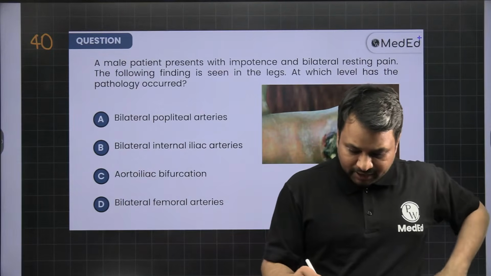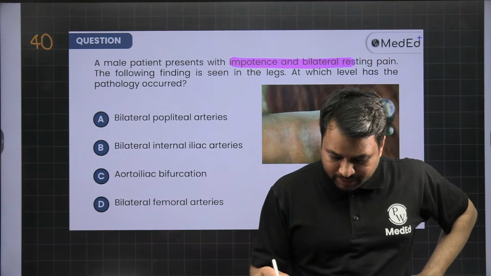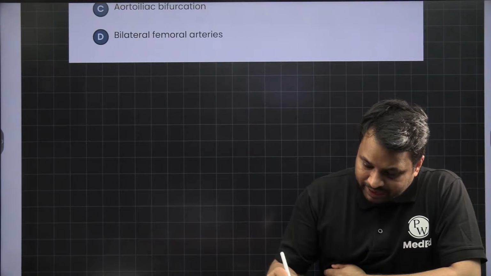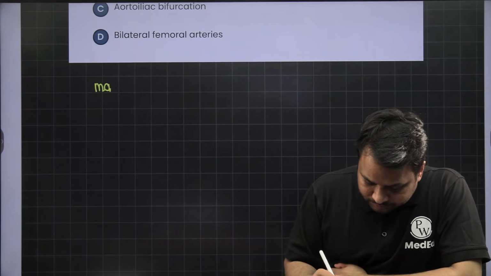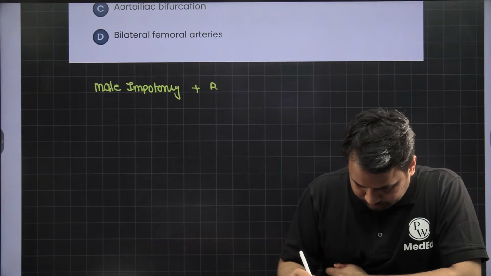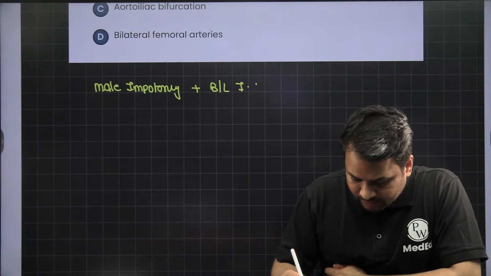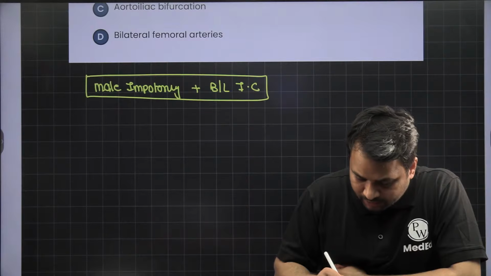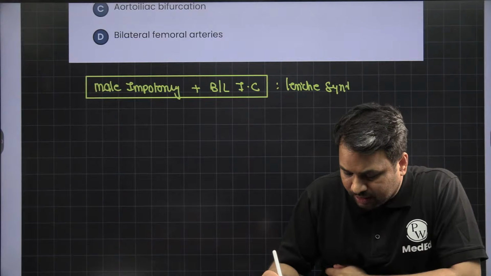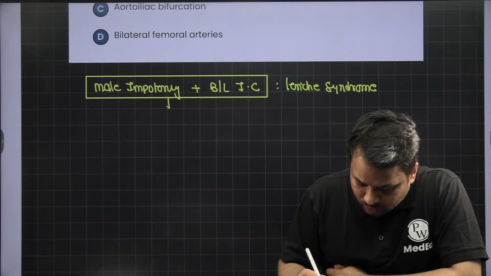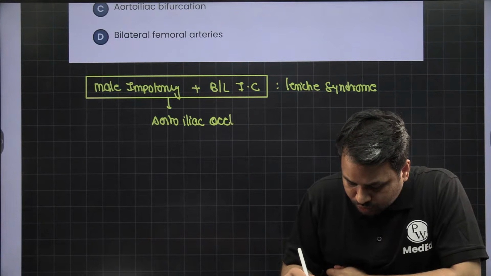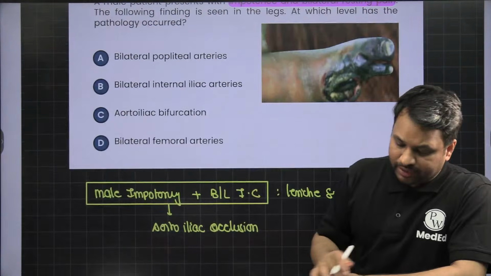Question number 40. I have a male patient with impotency and bilateral resting pain. So when you have male impotency along with bilateral intermittent claudication or lower limb pain, this is what we call Leriche syndrome. Leriche syndrome occurs when there is an aorto-iliac occlusion.